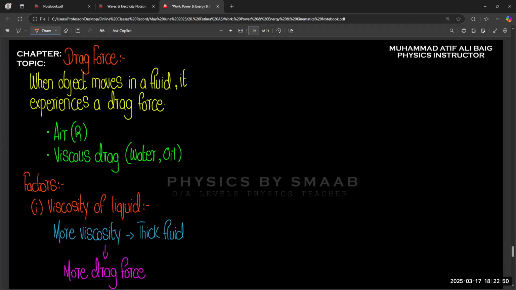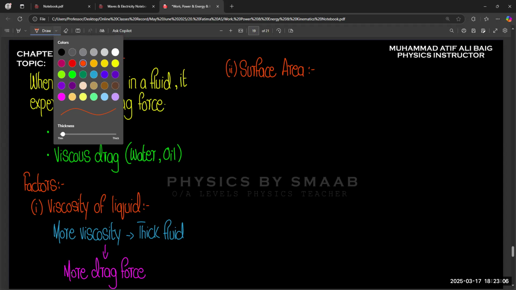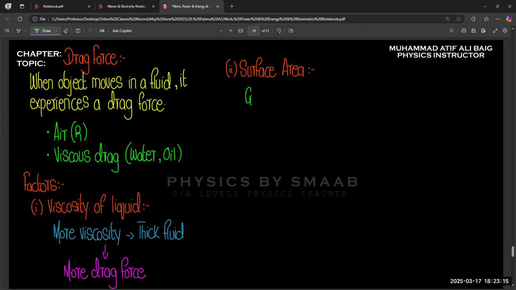The second factor is surface area. Greater surface area means more drag force, because if we have more area, more particles can exert force on the body.